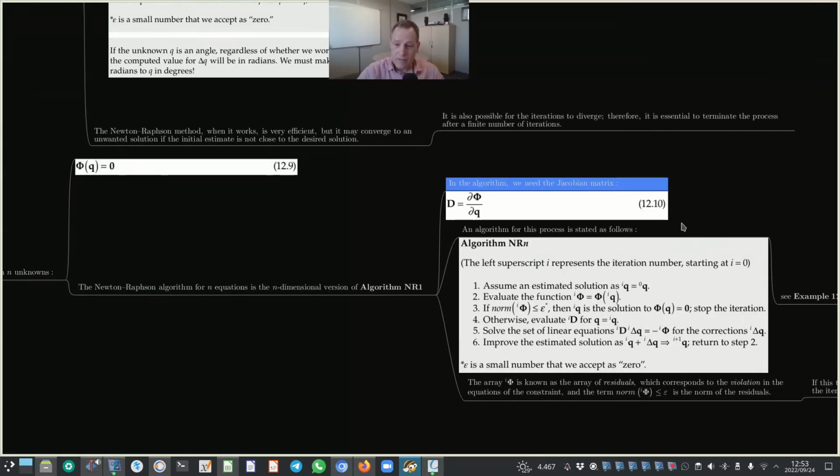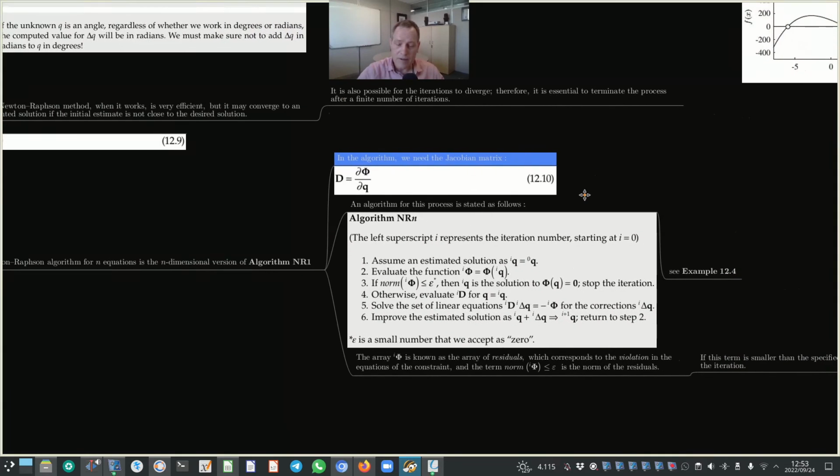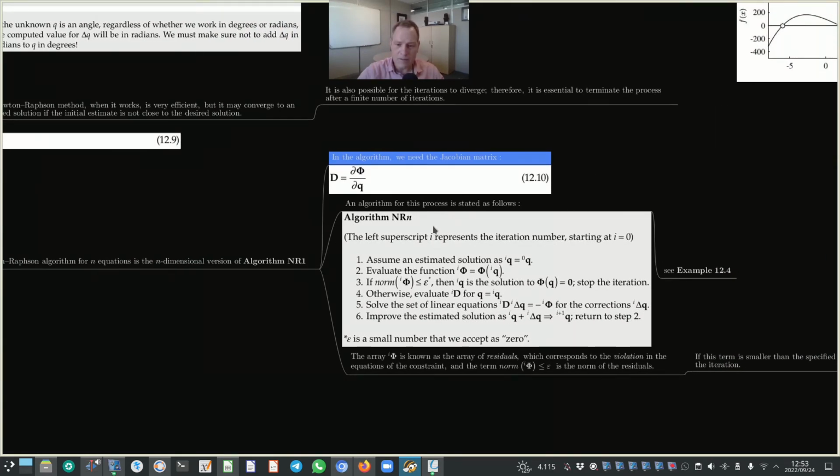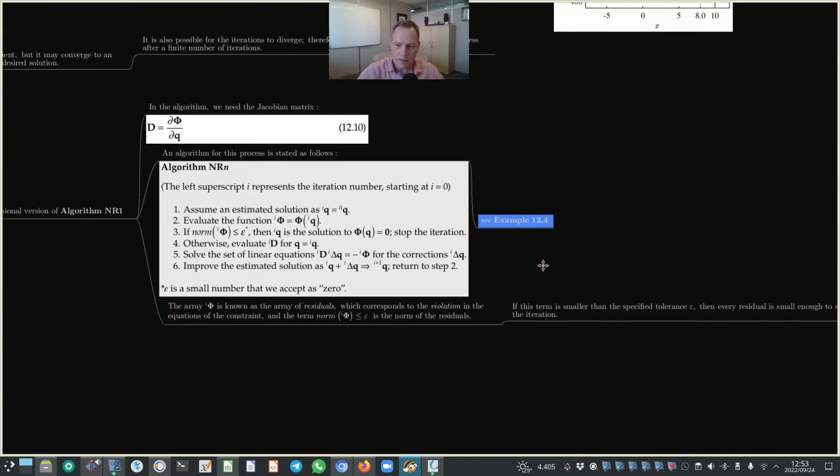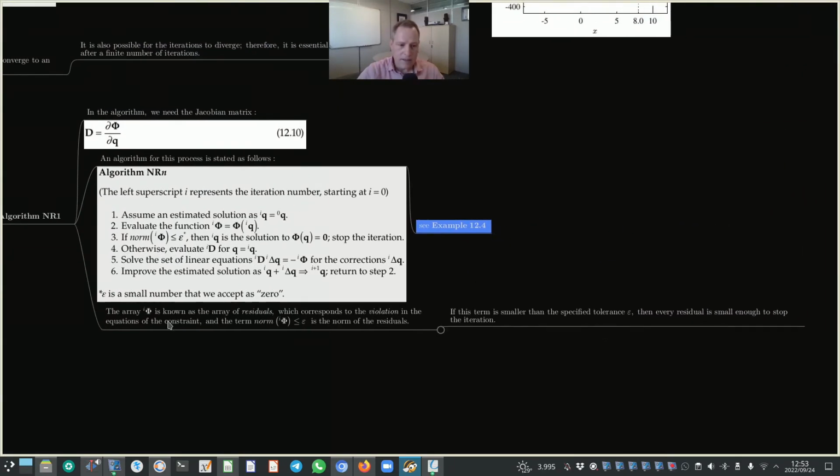So an algorithm for this process is given by Newton-Raphson in his textbook. I'm not going to go through it. You're welcome to go through it at the end of example 12.4. Just as a side note, the array inside this algorithm, superscript I boldface phi, is known as the array of residuals, which corresponds to the violation in the equations of the constraint.